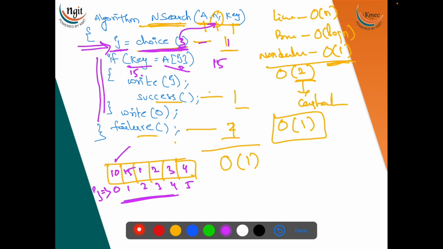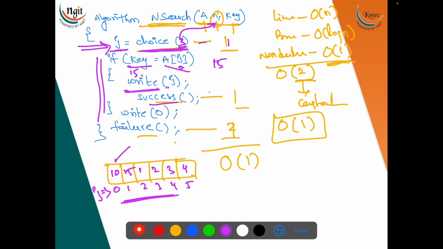Then we iterate the loop until we find it. If the key element is found at a particular index, then we write that index j to the output. Now my searching operation will be a success.